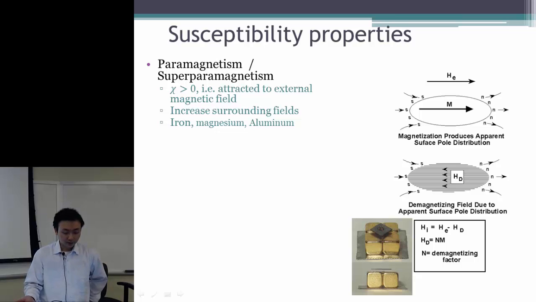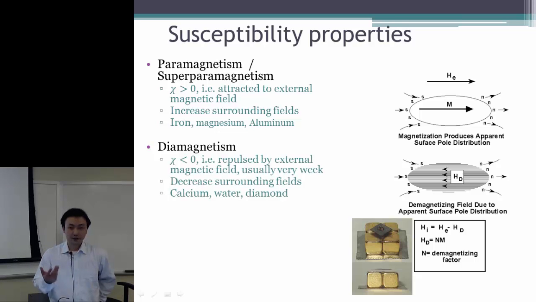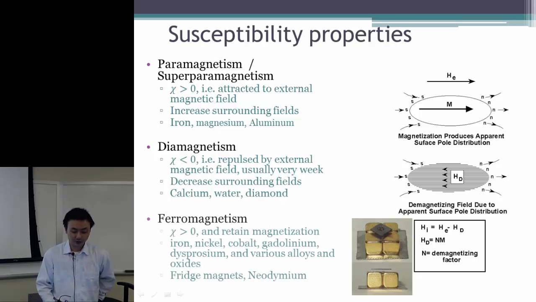It acts like a small magnet that has been aligned with the external field, so it is attracted towards it. Substances like this include iron, magnesium, and aluminum. We know that iron is attracted to a magnet.